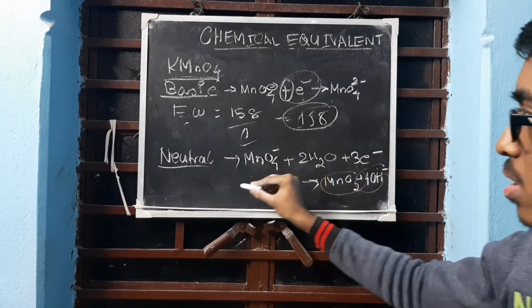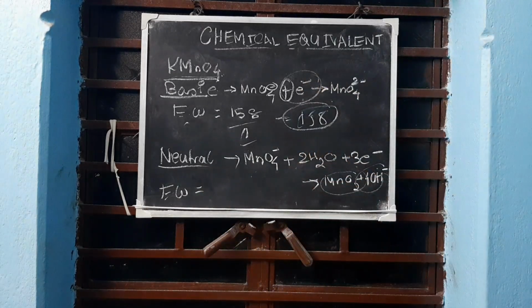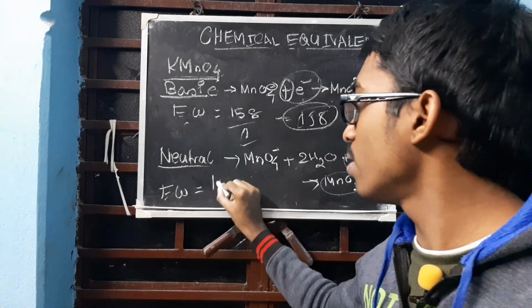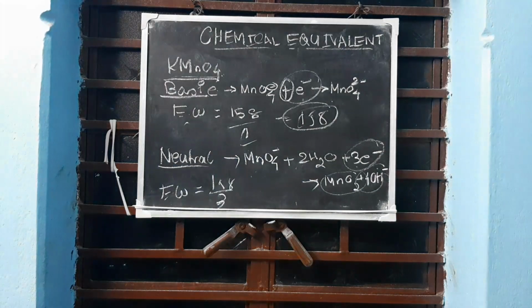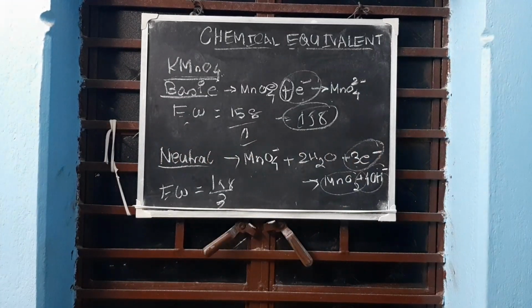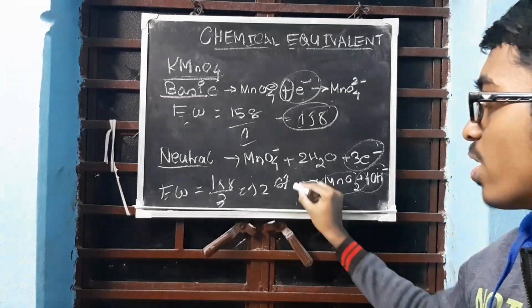Now let's check the equivalent weight, because we are not bothered with the equation; we are bothered with the equivalent weight. It depends on the neutral medium. How many electrons? 3. So 158 upon 3, which is 52.6.